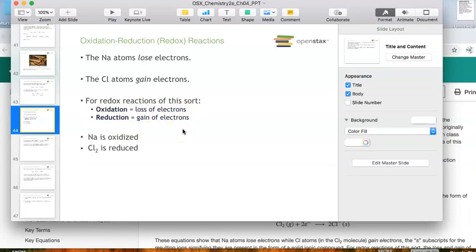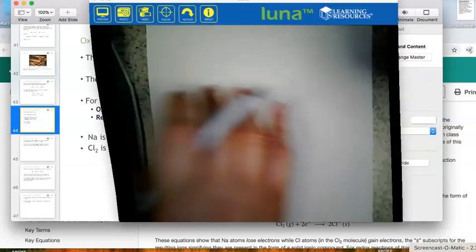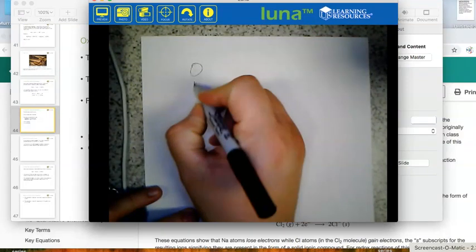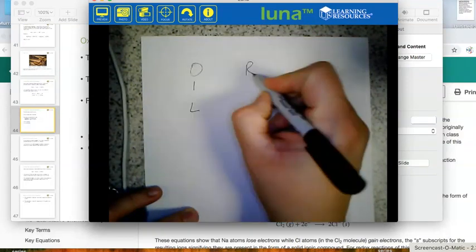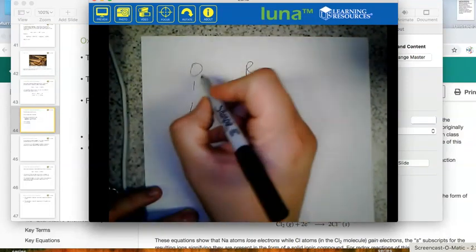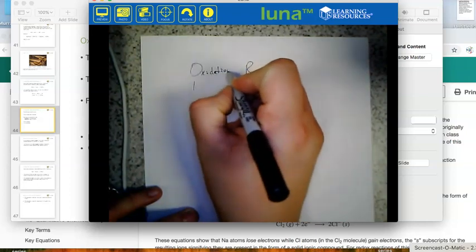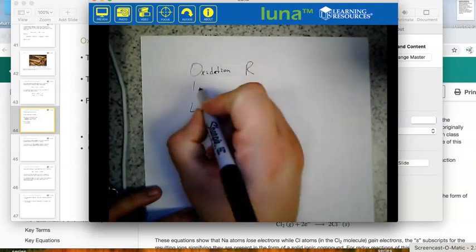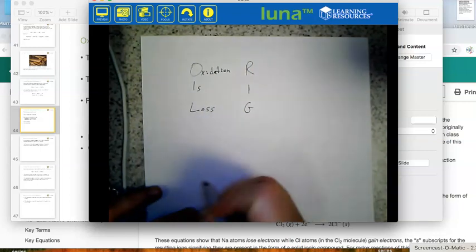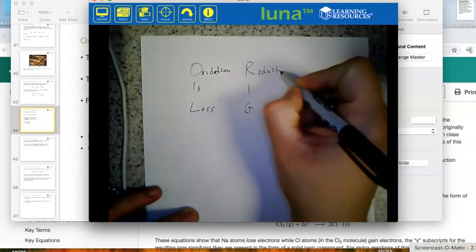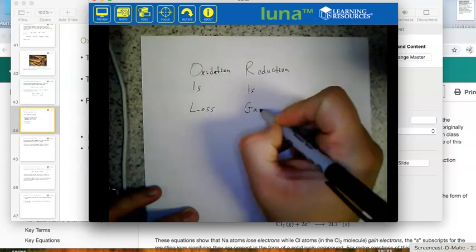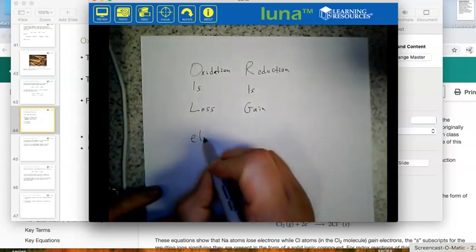I have a fast way of memorizing that. I'm from Louisiana, and in Louisiana, we have a lot of oil rigs. So if you remember the acronym OIL RIG: oxidation is loss, and reduction is gain. And we're of course referring to what? Electrons.